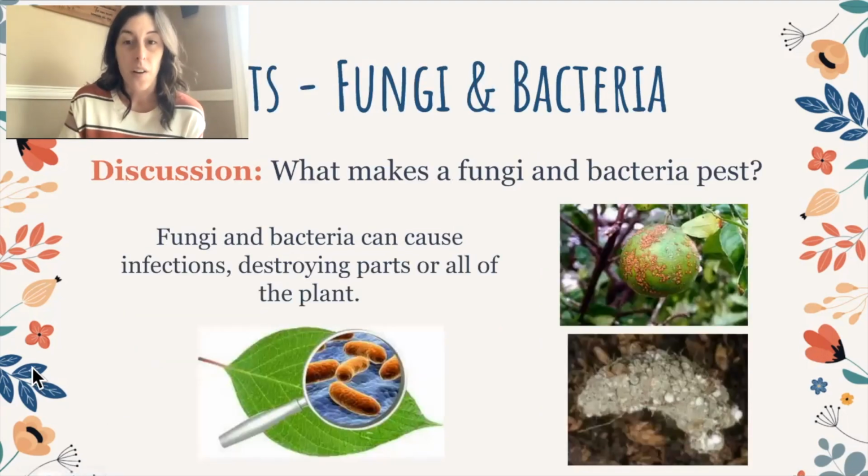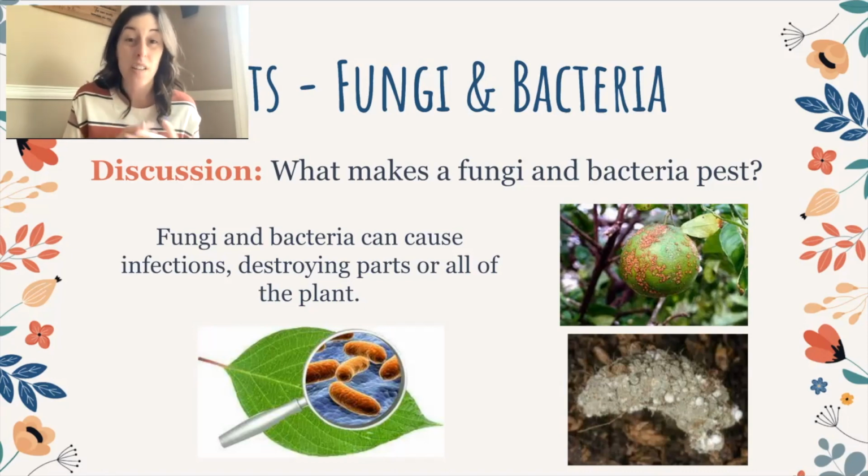So what makes fungi and bacteria pests? Insects eat it, they destroy it. But fungi, like mushrooms and mold, and bacteria cause infection. Just like you could have a bacterial infection and have a cough and a sore throat and a stuffy nose, same thing with bacteria when it comes to plants.